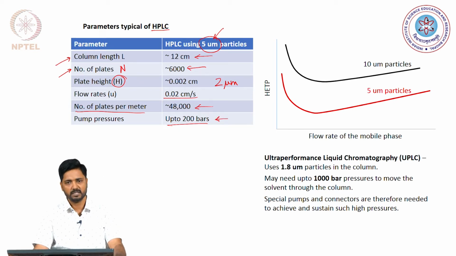We still need to generate decently high pressures, but as we reduce the column particle diameter, the pump pressures that would be required will be much higher.